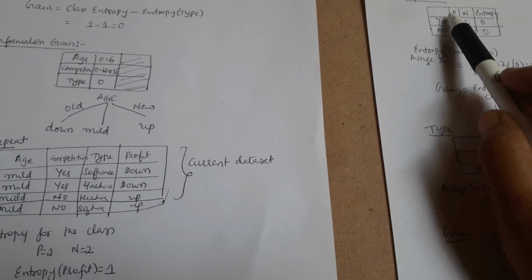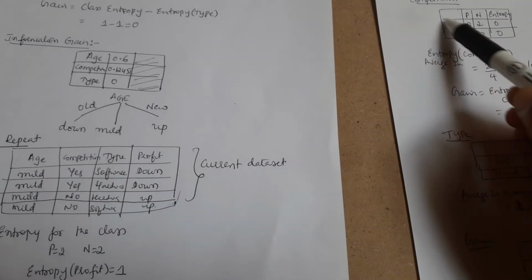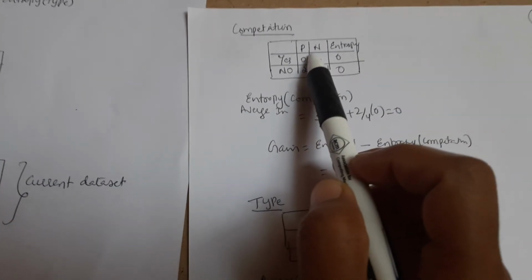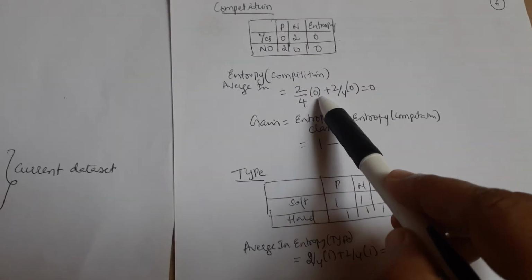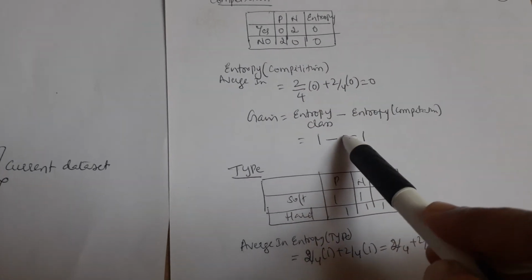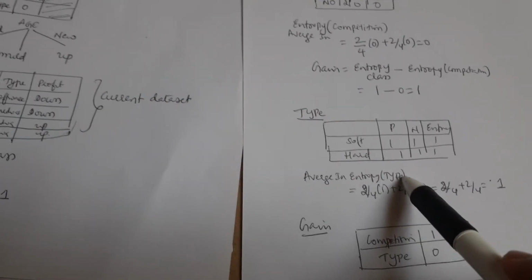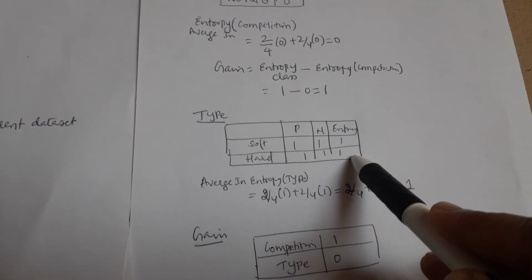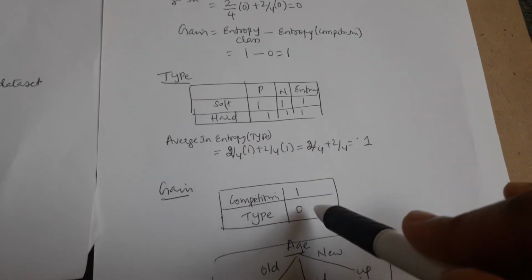For computation, there are 2 types, yes and no. Check how many positive and how many negative examples are there. Calculate the entropy, calculate the average information entropy, calculate the gain. And similarly for type, the remaining one. How many types are there? Software and hardware. In that, how many positive and negative examples are there? Calculate the entropy, the average information entropy and the gain.